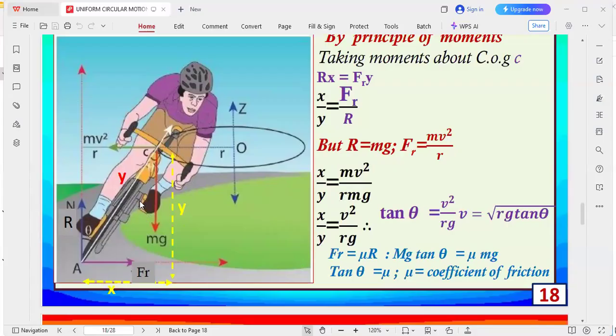And from trigonometry, we know the tangent of this angle is opposite, which is x, over adjacent, which is y. That is from SOHCAHTOA. Therefore, tan theta is x over y, which is the same as v squared over rg. Therefore, v equals the root of rg tan theta.